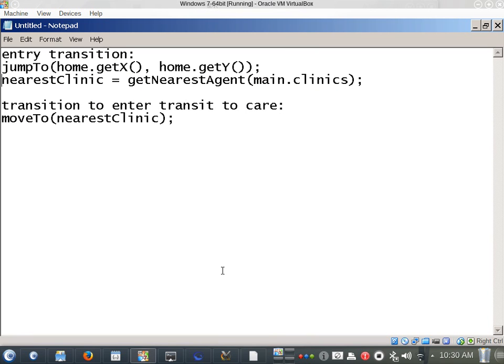Yeah, that looks right. That's correct. And you can abbreviate it by just saying move to nearest. In other words, you don't need to get X, get Y. You can just abbreviate this, I discovered, with this.